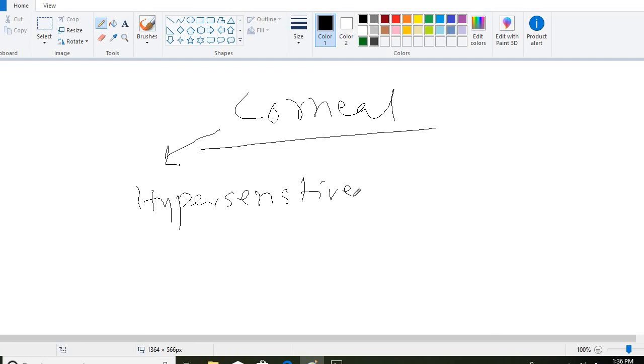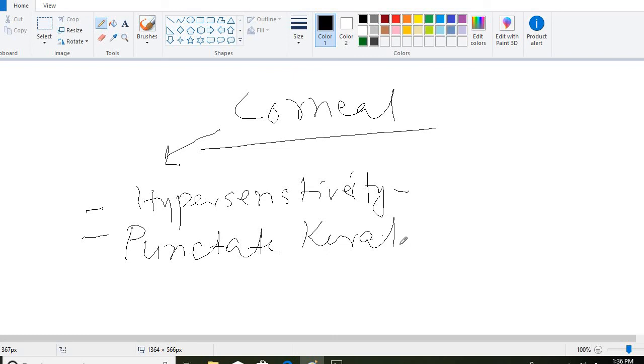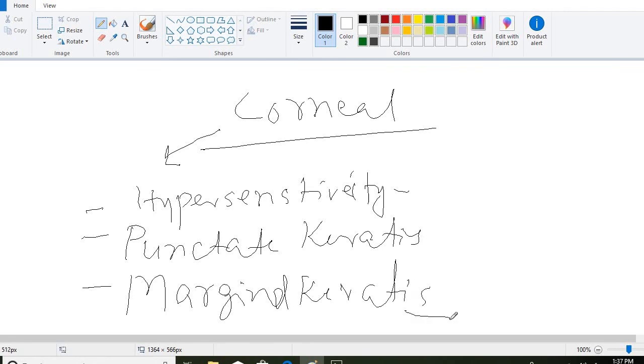There may be toxic punctate keratitis, marginal keratitis, meaning inflammation of the cornea, and phlyctenular keratitis, and tear film instability in corneal complications of blepharitis.